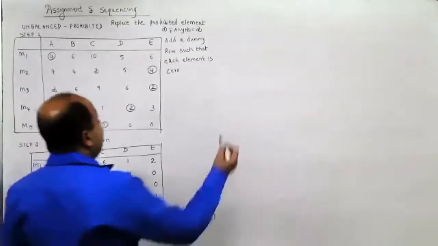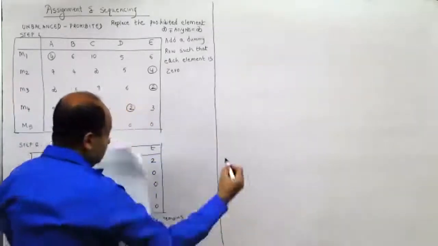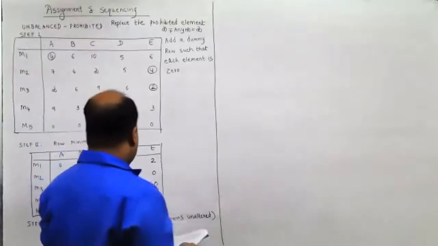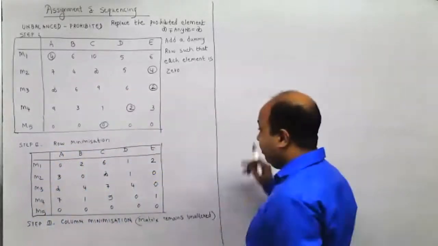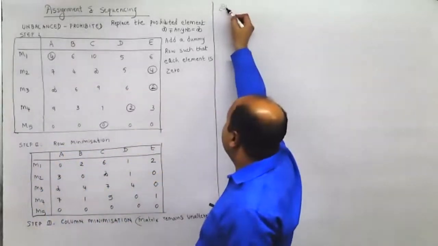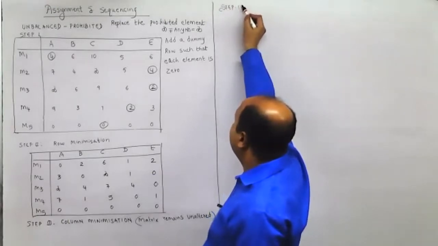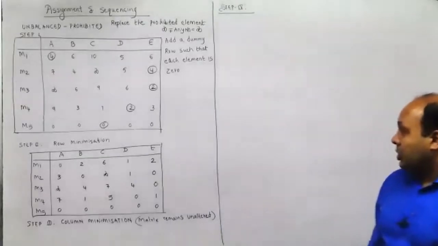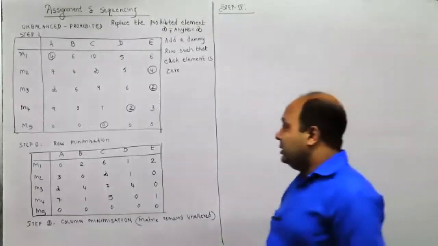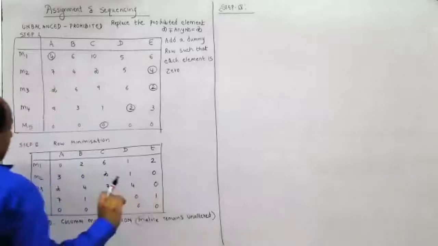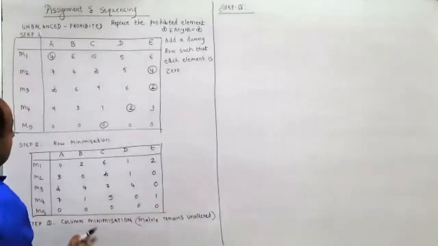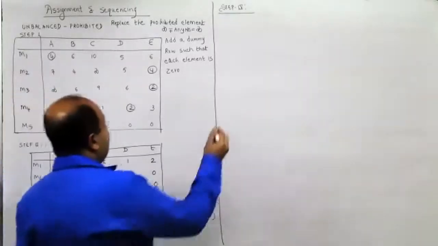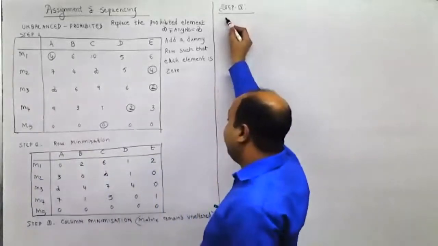Now, next one. Here, step 4 would be to draw minimum number of lines to cover all zeros. Draw minimum number of lines to cover all zeros.